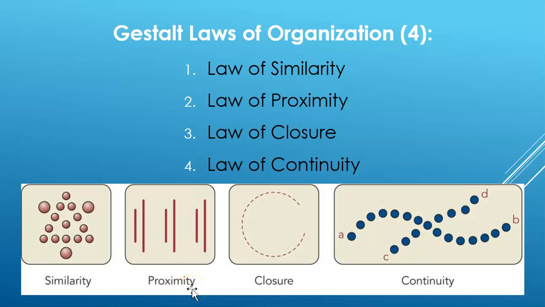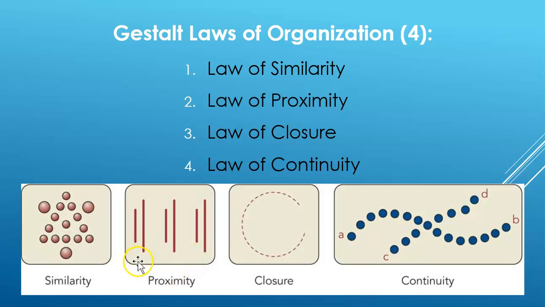The second law of organization is the law of proximity. This one's pretty similar: things that are closer together get grouped together. For example here, if we were using the law of similarity, we'd group the long lines together and the short lines together. But that doesn't make sense in this example because they're still far away from each other.